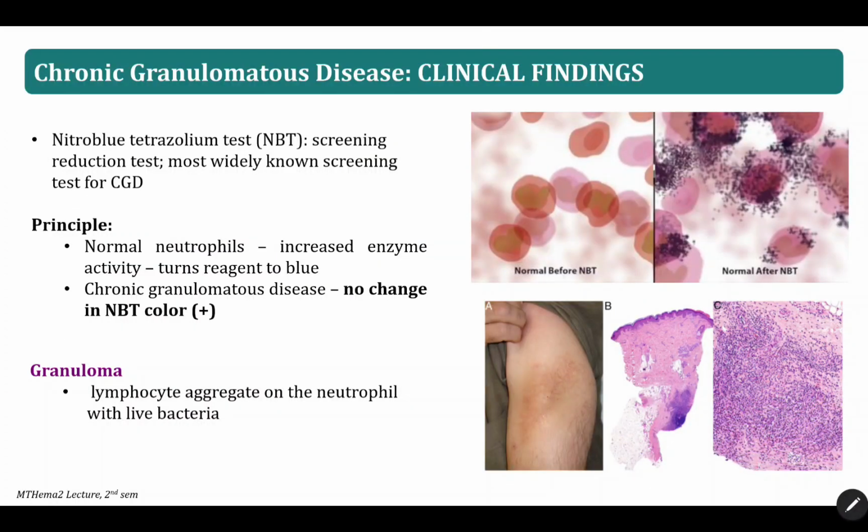Now, recurrent bouts of infection due to the decreased capacity of the immune system to fight off disease-causing organisms in CGD lead to bacterial and fungal infections of the lung, skin, lymph nodes, and liver. This now leads to the formation of your macrophage-rich granulomas, which are usually found in the liver, spleen, and other affected organs.